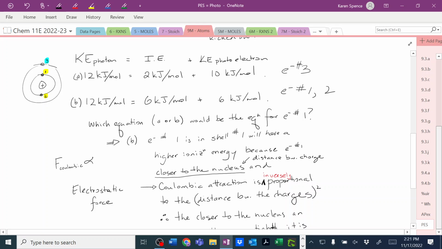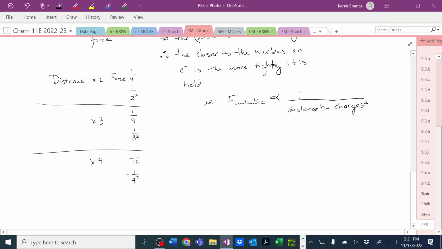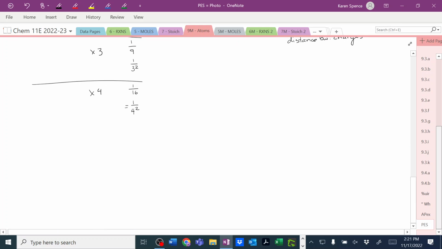Okay, so now we're going to take a look at the graph, because you're always going to be given graphs for these things. So this is the intensity, okay, and don't write this on any exam anywhere, but this is basically the amount of electrons in a subshell.